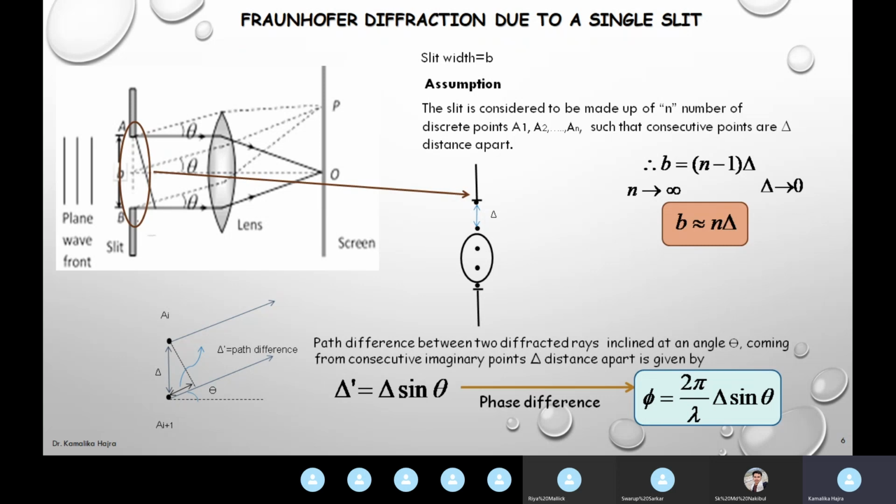All right. So the rays coming out from any two consecutive points within this slit have a phase difference of 2 pi by lambda delta sine theta amongst them. Parallel rays, of course. Okay.